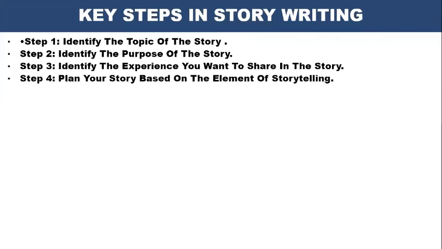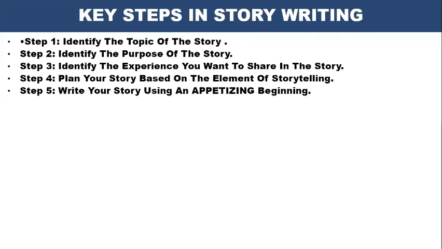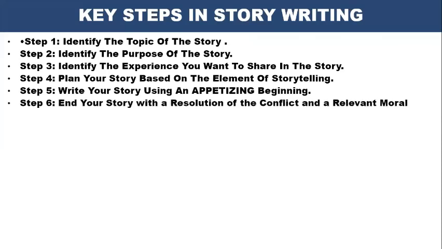Step four, plan your story based on the elements of storytelling. Step five, write your story using an appetizing beginning. Step six, end your story with a resolution of the conflict and a relevant moral lesson. Very important. Step seven, edit your work.